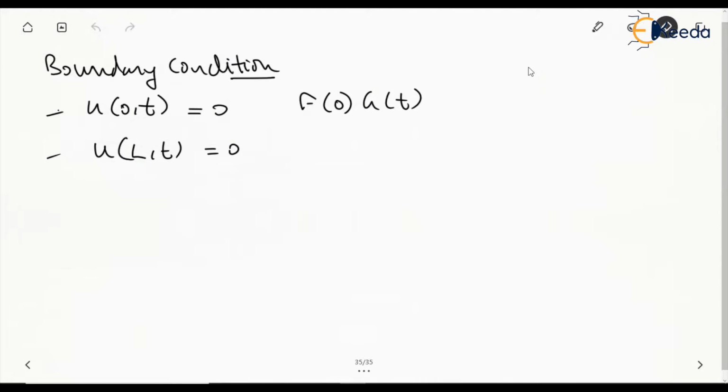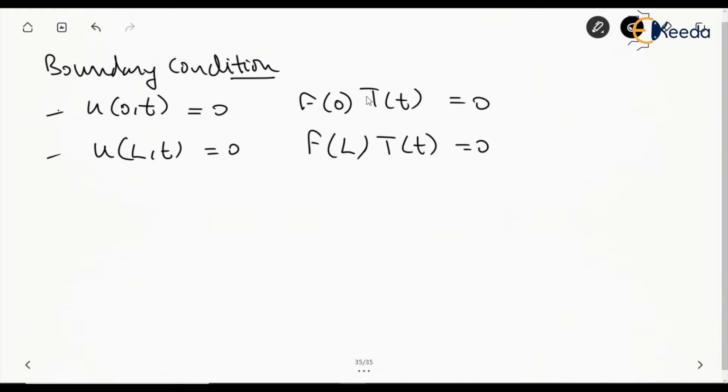F of 0 and T of t should be equal to 0 and f of L and T of t should be equal to 0, for all t. So this is possible only if f of 0 is equal to 0 and f of L equal to 0.